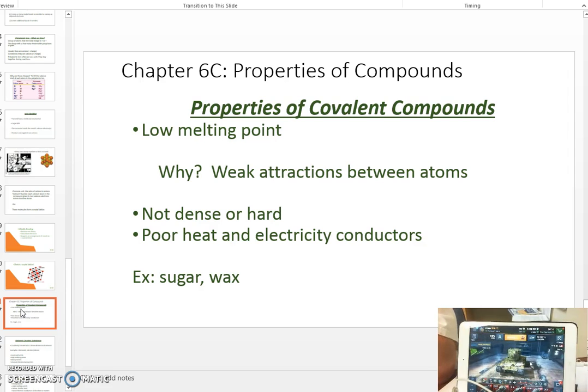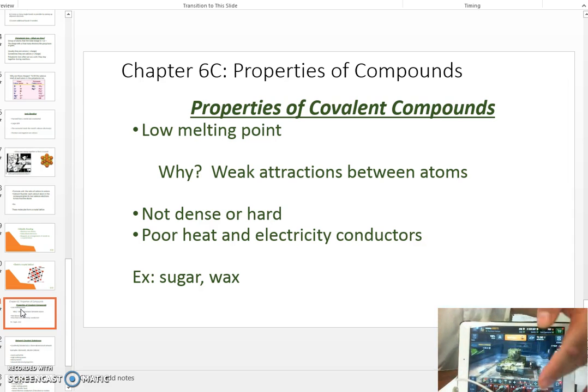Now we'll look at Chapter 6C, Properties of Compounds. So properties of covalent compounds: we have a low melting point. Why? Well, the thing about covalent compounds is that the attraction, yes, it's there, but it is kind of weak.